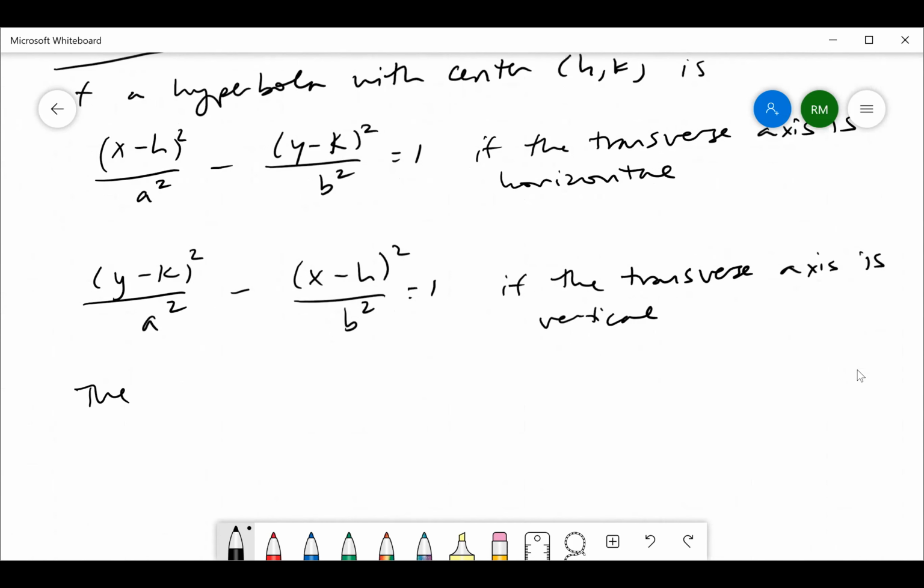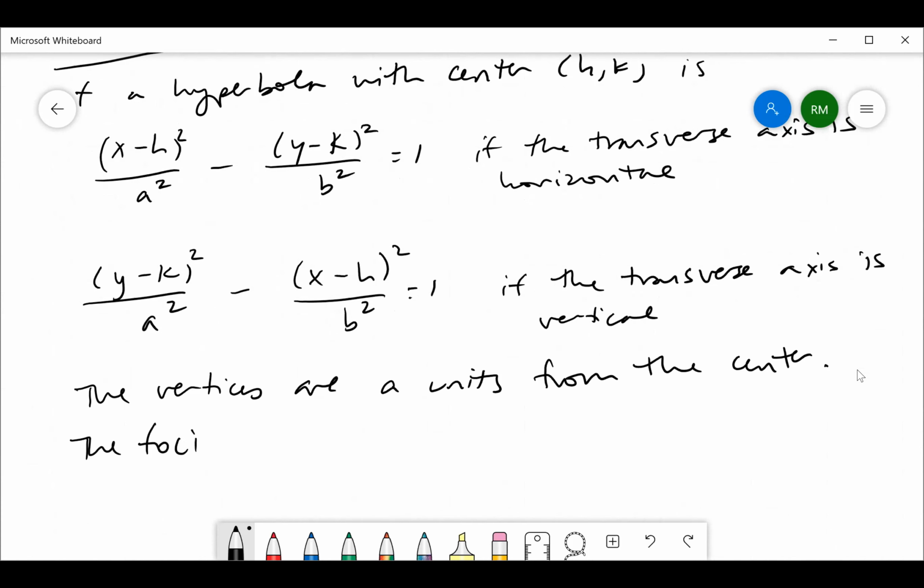The vertices are a units from the center and the foci are c units from the center, where c squared is a squared plus b squared.